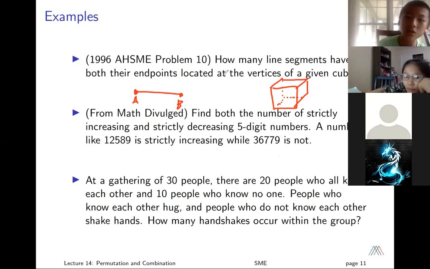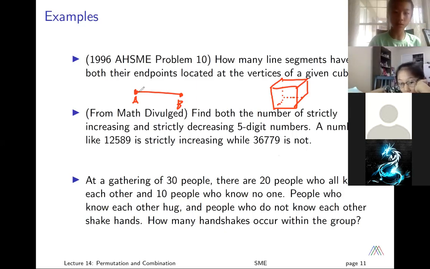Now, each line segment is defined by 2 of its vertices. A cube has 8 of these vertices.